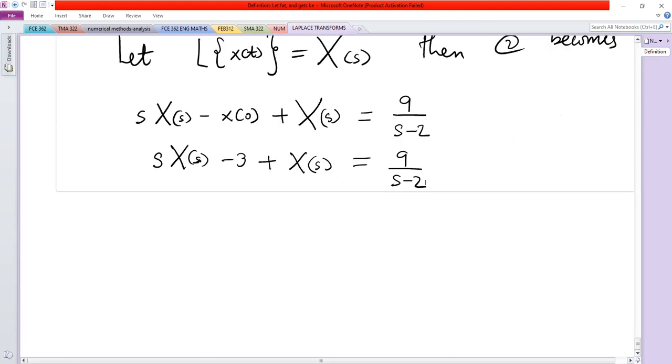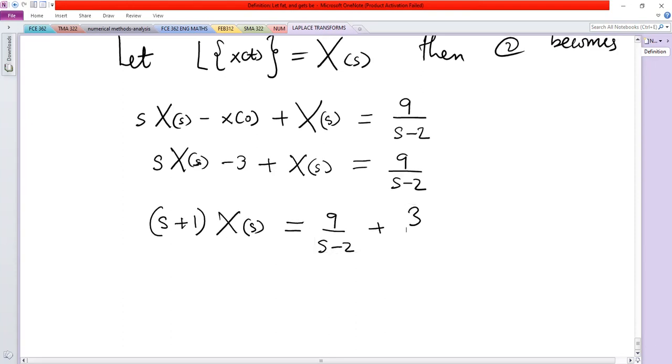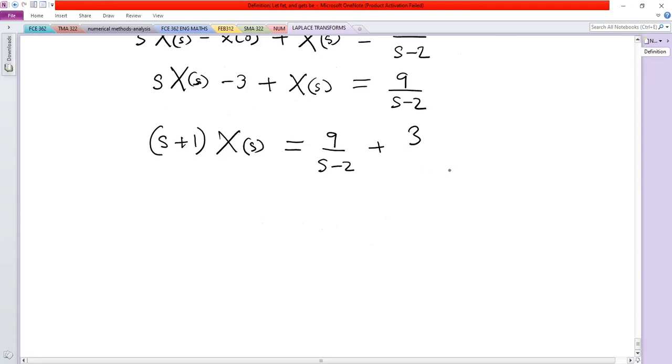Now collecting terms with X(s) together, we'll have (s plus 1)X(s). Taking the 3 to the right hand side it will be positive. So 9 over (s minus 2) plus 3. Now this can be written as (9 plus 3(s minus 2)) over (s minus 2).